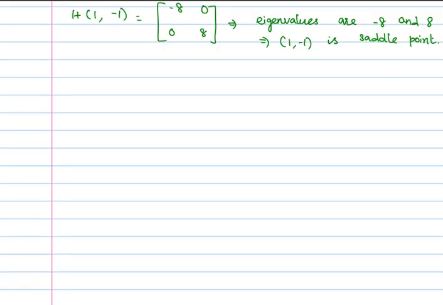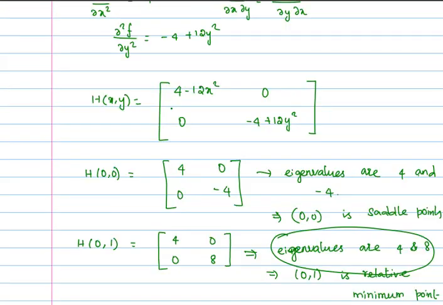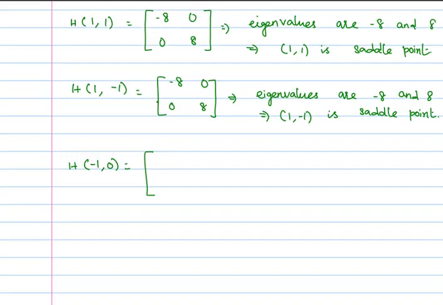Next 3 points, h of minus 1 comma 0. H of minus 1 is, so plus 1 only will come. So 4 minus 12 is minus 8, minus 8, 0, 0, we will get it as minus 4.